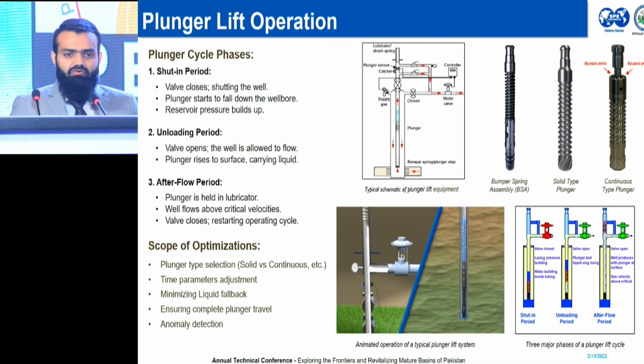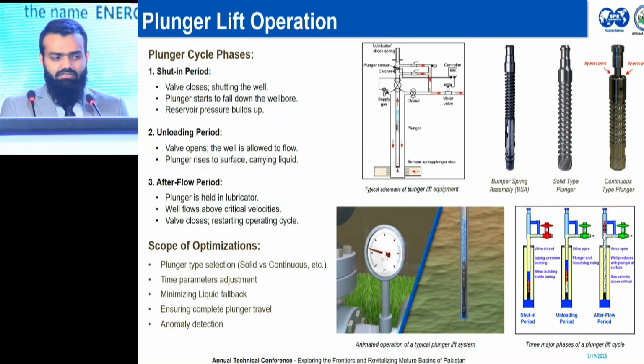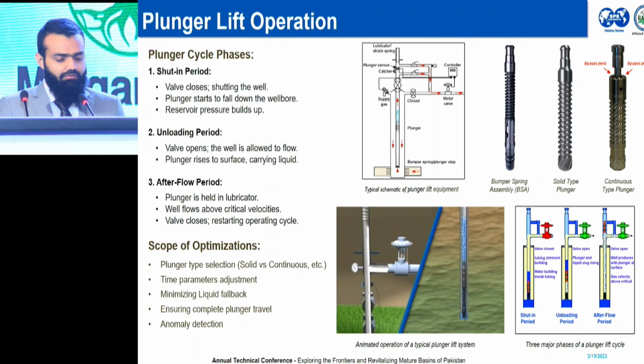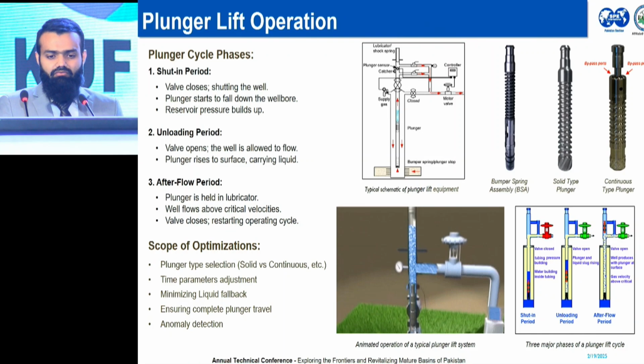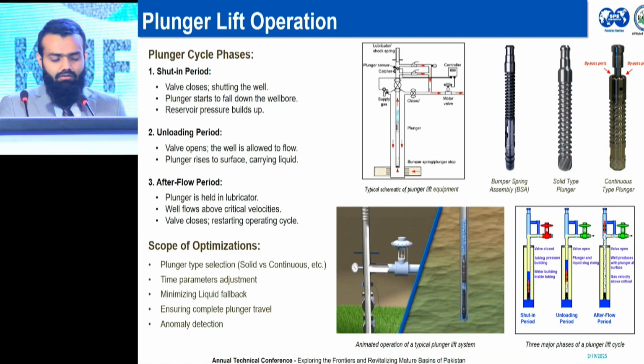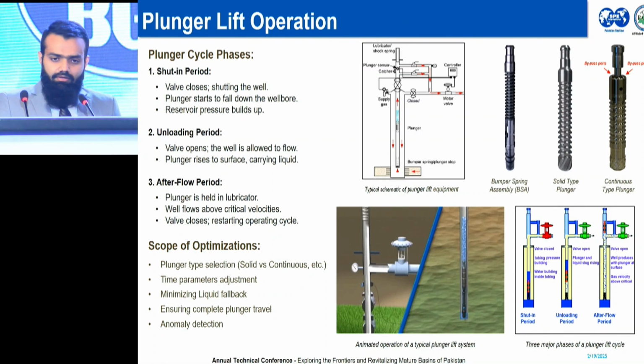So just a brief overview of how plunger lifts actually work. These systems utilize the reservoir's own energy to lift liquids from loaded up wells to surface, and that makes them a very cost-effective solution because there is no external energy in the loop.